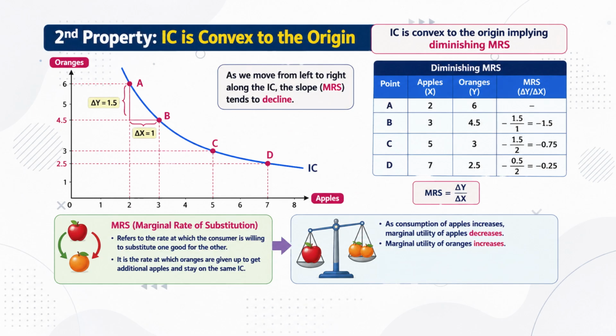Therefore, the absolute value of MRS decreases from 1.5 to 0.75 and then to 0.25. This is called diminishing marginal rate of substitution. Hence, an indifference curve is convex to the origin because MRS diminishes as we move from left to right along the curve.